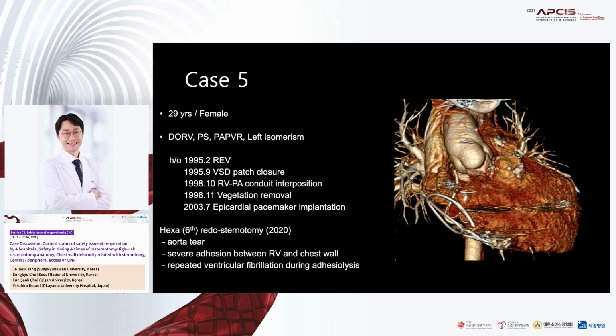Even though it was the sixth sternotomy, the sternum was opened without a problem. However, there was a very severe adhesion, so the aorta was damaged, and ventricular fibrillation occurred several times in the process of separating the heart from the chest wall.